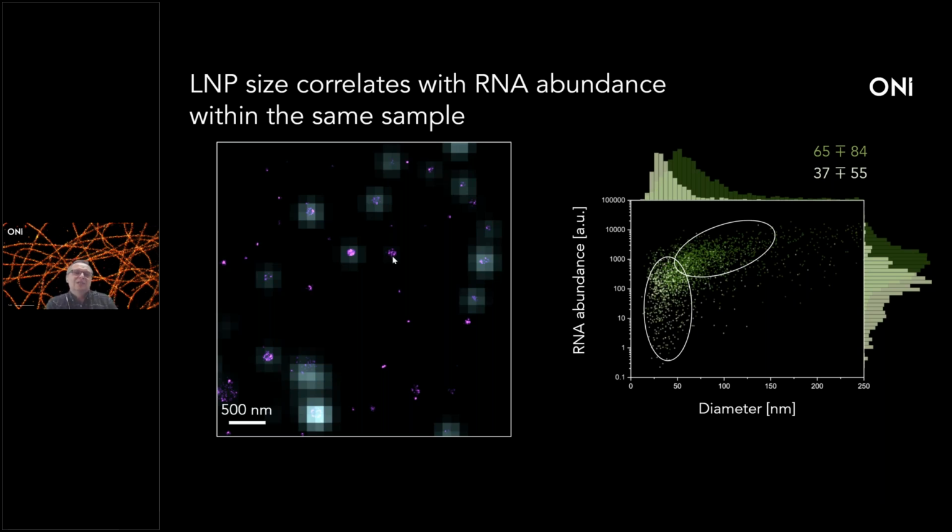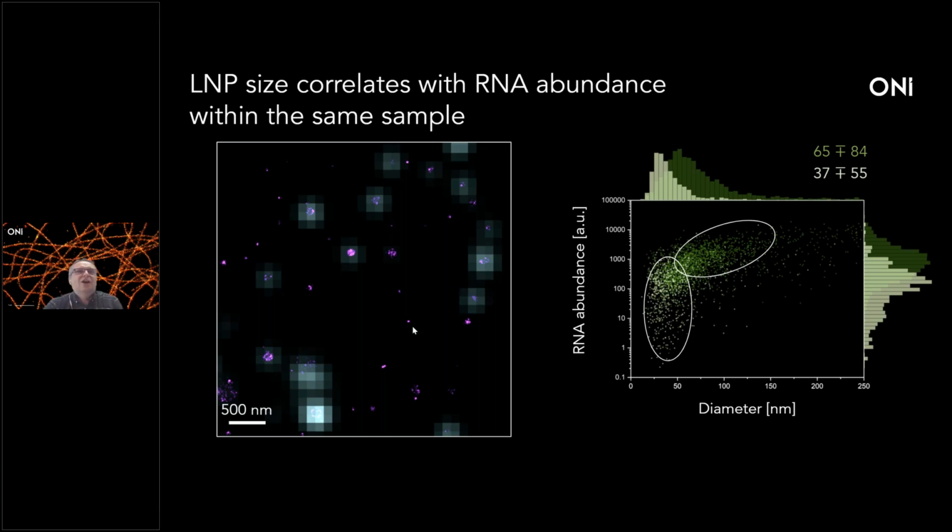So we assume from this experiment that the particles which are nicely formed and contain RNA are real LNPs, and the smaller particles are RNA negative and maybe correspond to the micelle peak. Whether they are micelles or smaller LNPs, it actually depends on your sample.